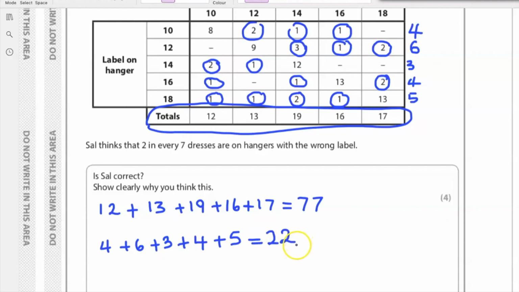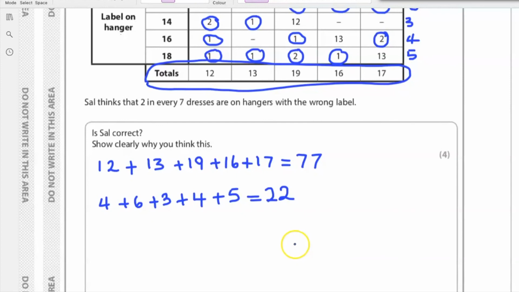So now we need to find out if 2 in every 7 dresses are on hangers with the wrong label. So that is going to be 22 out of 77. To simplify it, what is the common number?